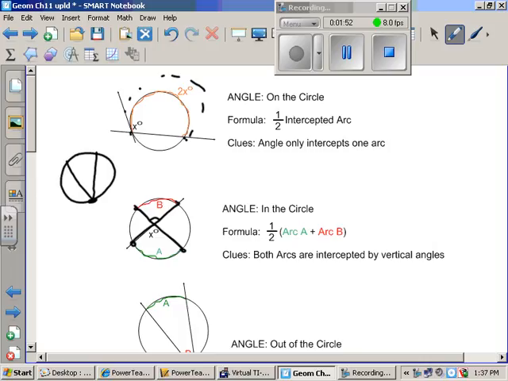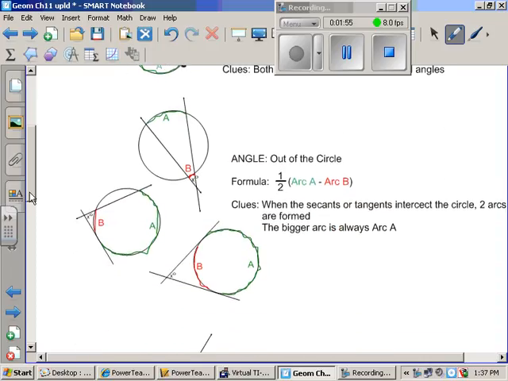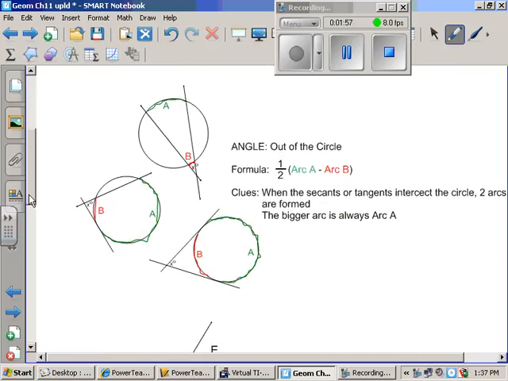And then finally, if the angle's outside the circle, there's three different looks to this. One is if you've got two secants, that's the top one here, or a secant and a tangent, or two tangents.